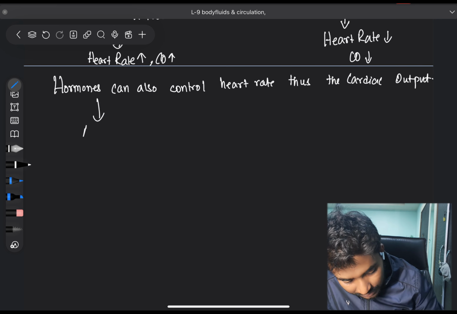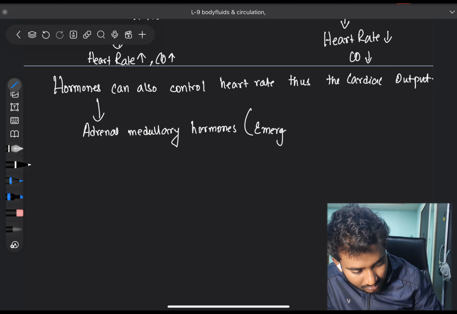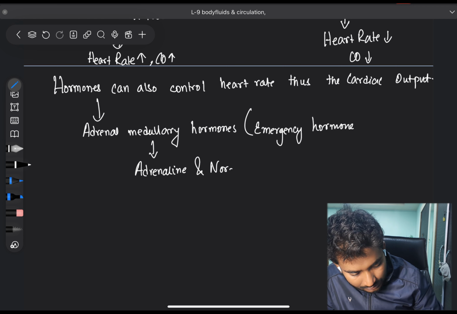Now the adrenal medullary hormones, that is the emergency hormones, adrenaline and noradrenaline.